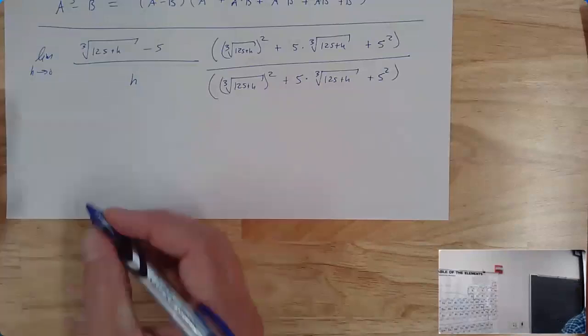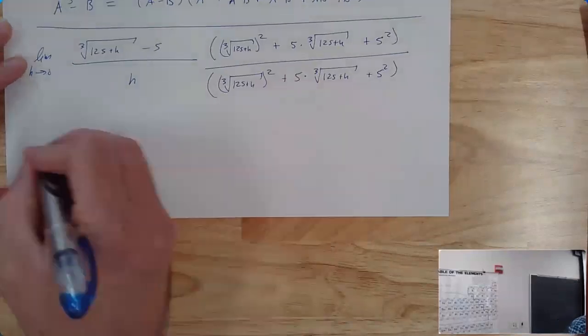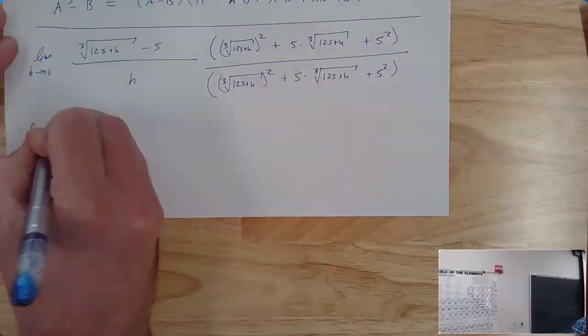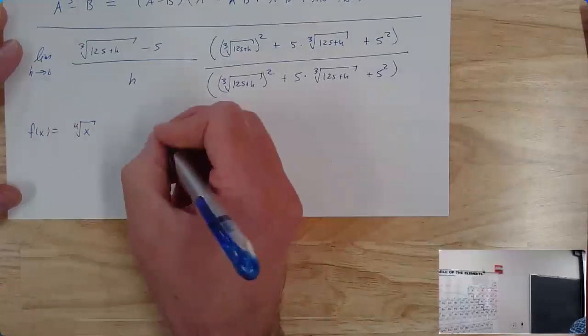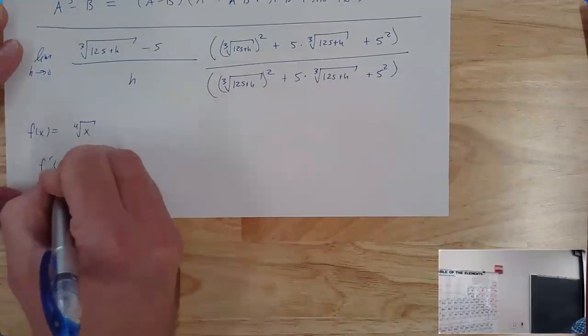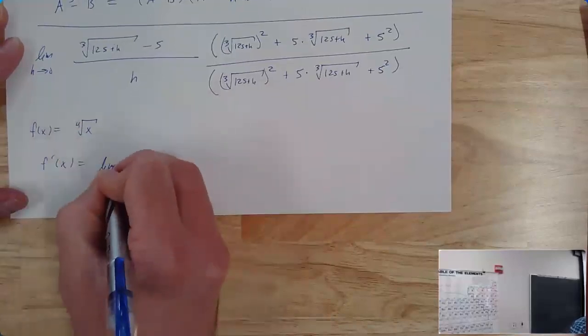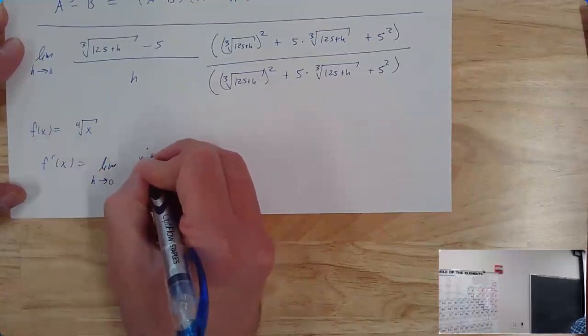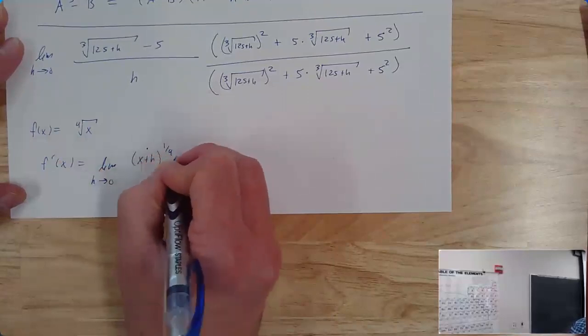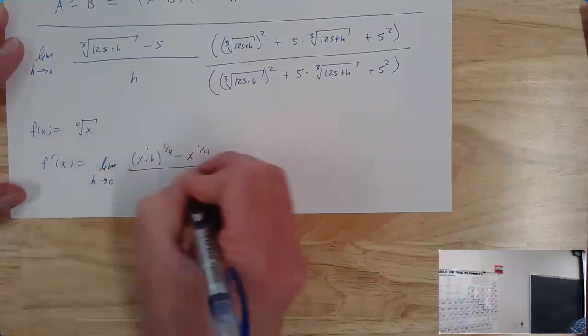So if I had my function as the 4th root of x, and I wanted to find the derivative, it's going to be the limit as h goes to 0 of x plus h to the 1/4 minus x to the 1/4, all over h.